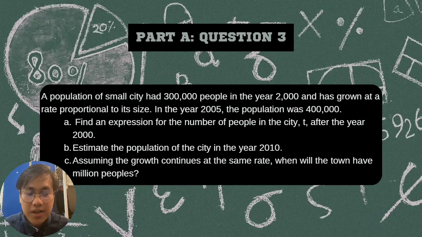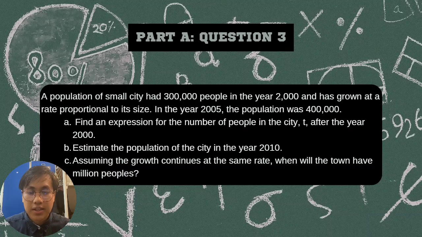Alright, now is my part. Part A for question 3. A small city had 300,000 people in the year 2000 and has grown at a rate proportional to its size. In the year 2005, the population was 400,000.